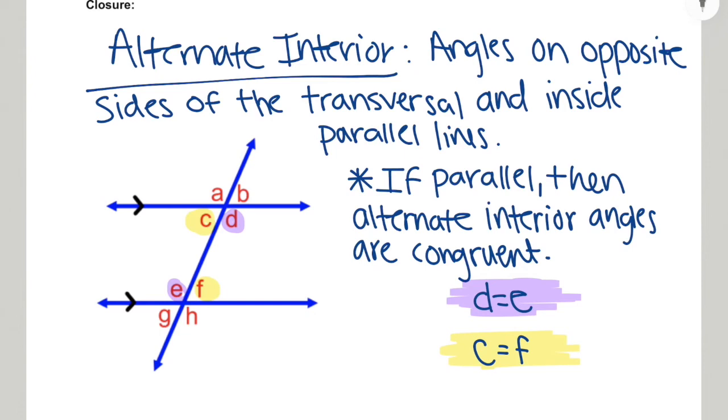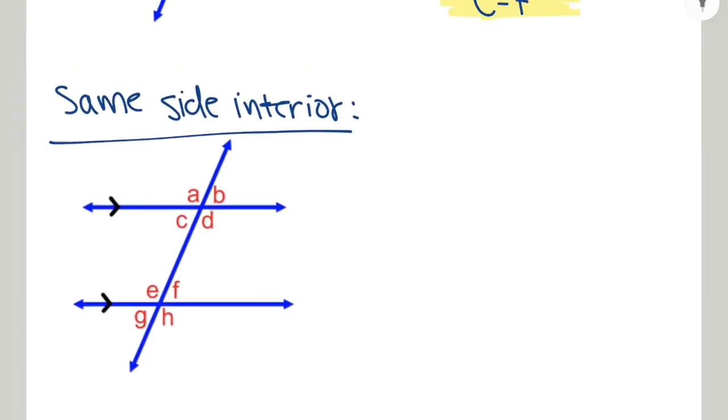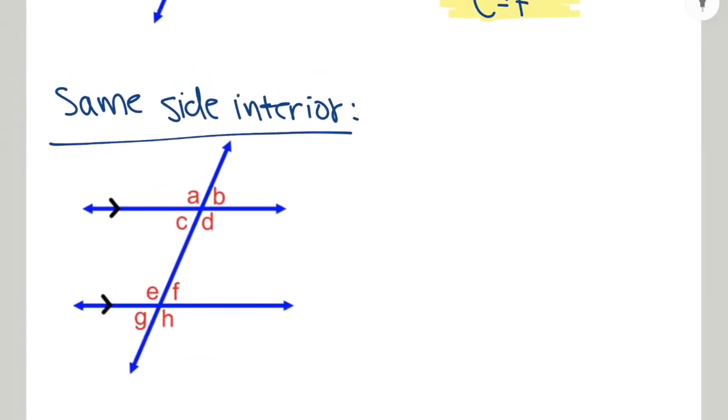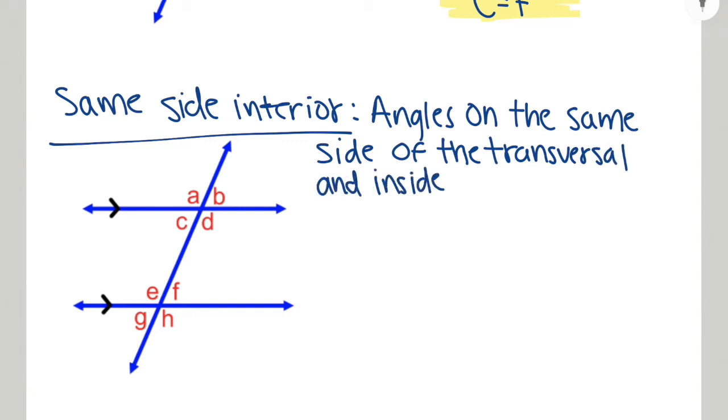Okay, so then same side interiors, same situation. We're going to talk about what they are, what's the relationship. So angles on the same side of the transversal and inside parallel lines.